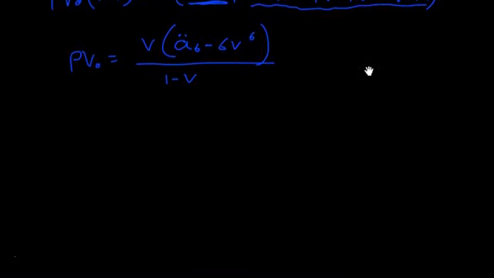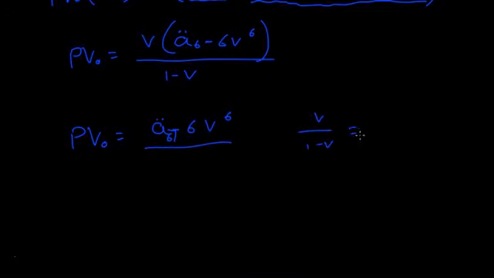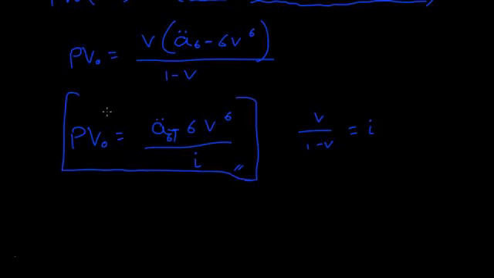And now all there is to do is find the present value. It equals, we'll keep that bit there, that's a 6 there, minus 6v^6, and I think we worked out in the previous video that v divided by 1 minus v is actually equal to 1 over i. And you can see in the previous video how we worked that out. And so here is the formula, and that's how we get that increasing annuity formula.